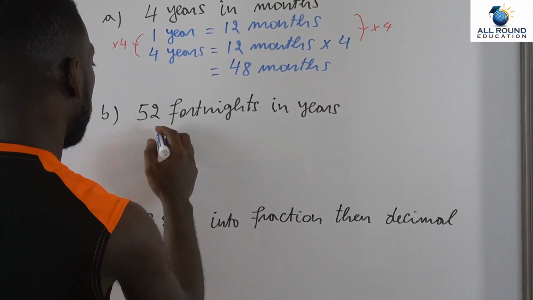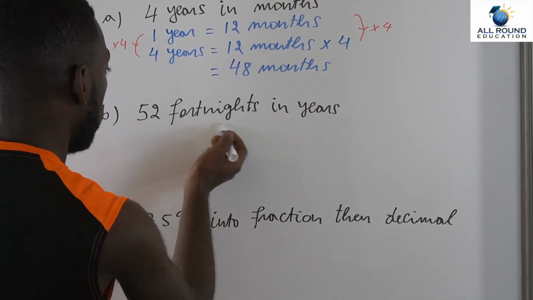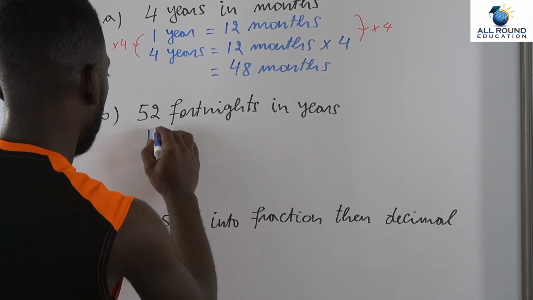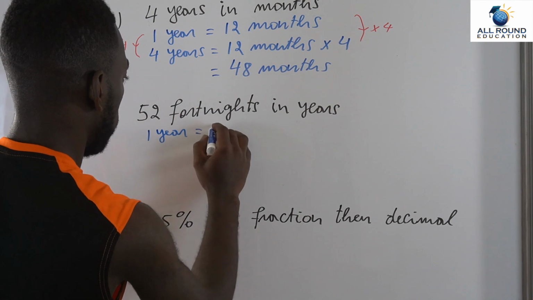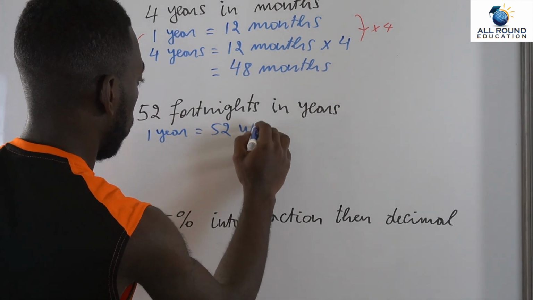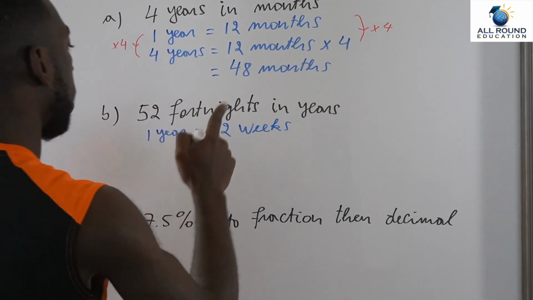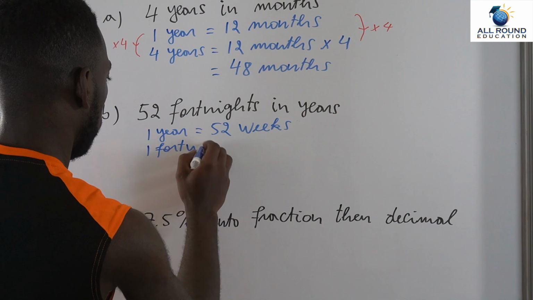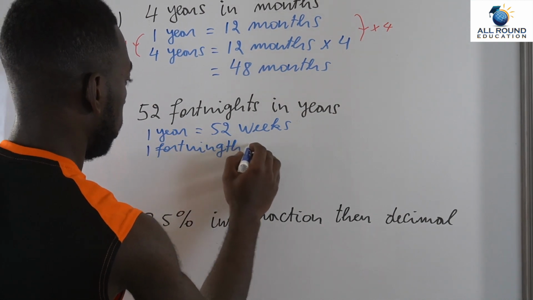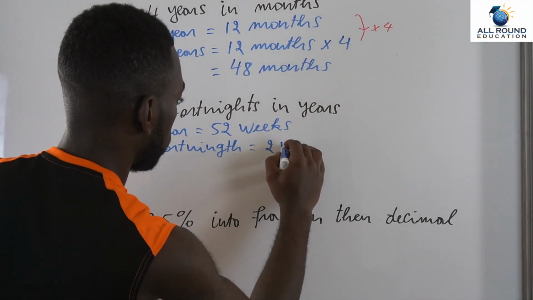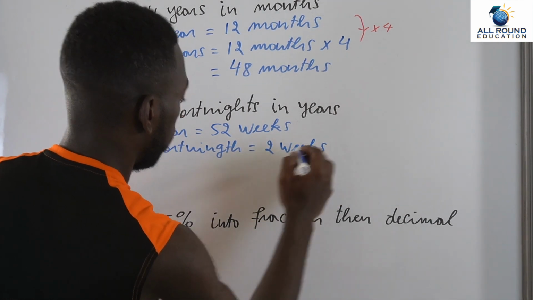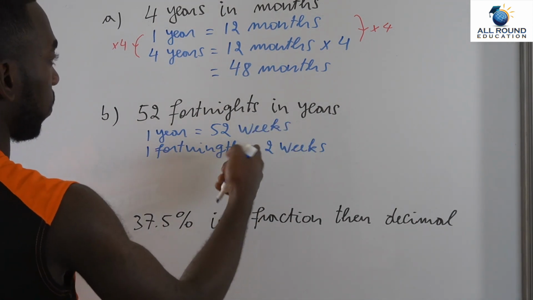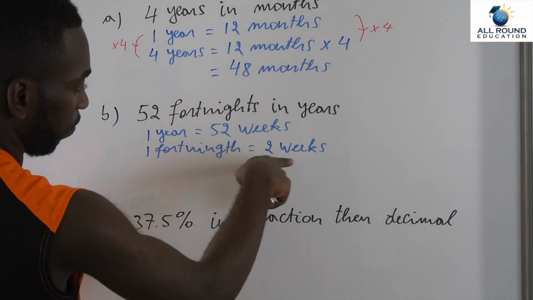Now, the first thing that we should do is find how many weeks. So this is per 2 weeks, but we can convert everything into weeks. So 1 year is equal to 52 weeks. And we also know that 1 fortnight is equal to 2 weeks. Now you can see the pattern, right? 1 year is 52 weeks, and 1 fortnight is equal to 2 weeks.